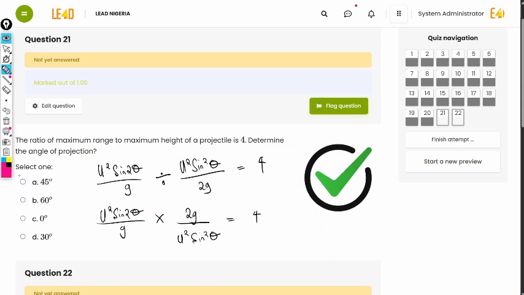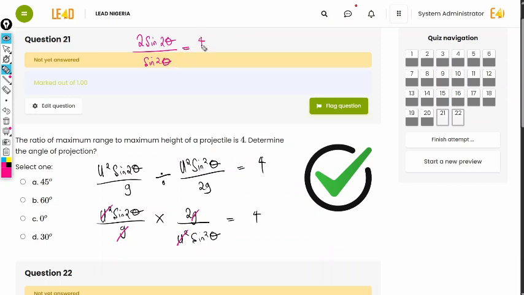So now we can cancel out g. We can cancel out u squared, and I can say 2 sine 2 theta. So let me continue up. So I can say 2 sine 2 theta over sine squared theta is equal to 4.